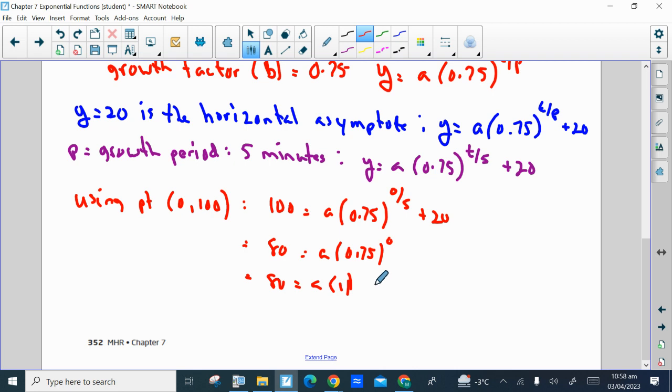So a equals 1. Sorry, a equals 80. And so now we can write our equation. Our equation will be T equals 80 times 0.75 to the power t over 5 plus 20.